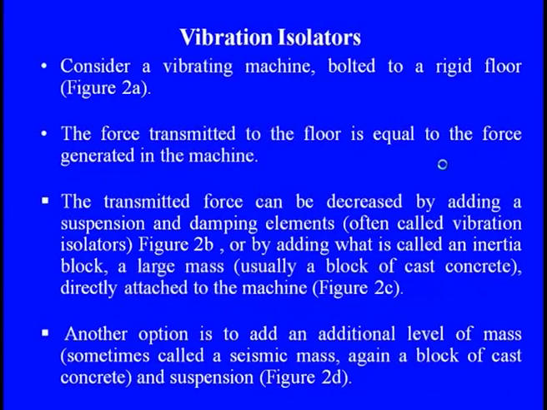The transmitted force can be decreased by adding a suspension and damping element. Again, it all depends on what your natural frequencies are and what the exciting frequencies are. Accordingly we can adopt the spring and the damper as well.